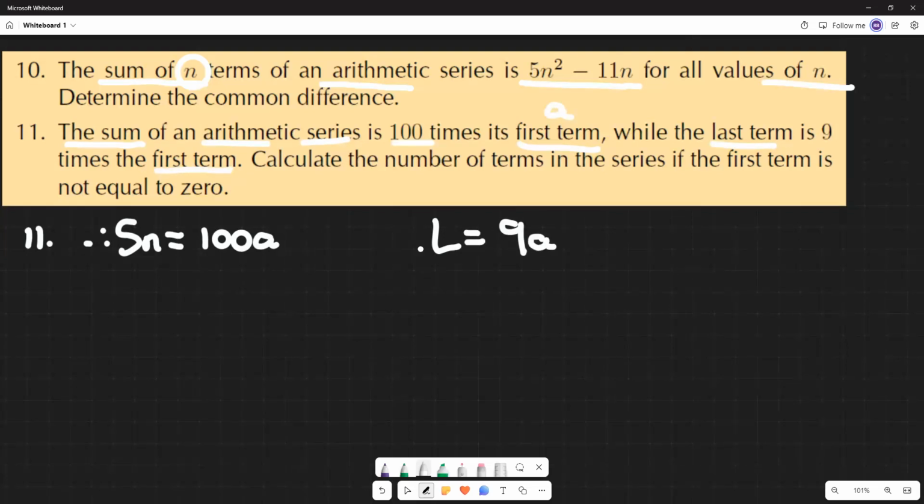So the last term will be 9a. Remember, T1 equals the first term, which is a. Now they say calculate the number of terms in the series if the first term is not equal to 0.